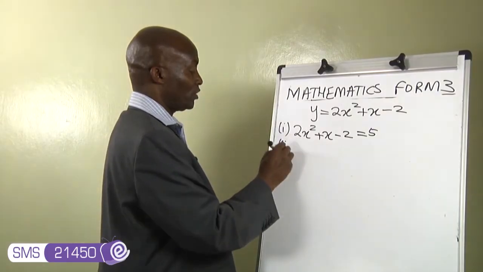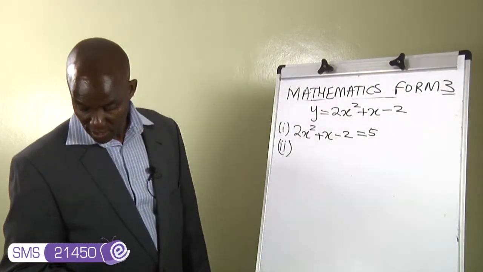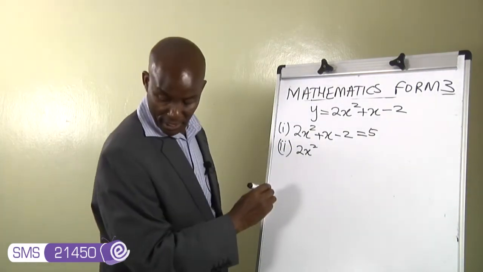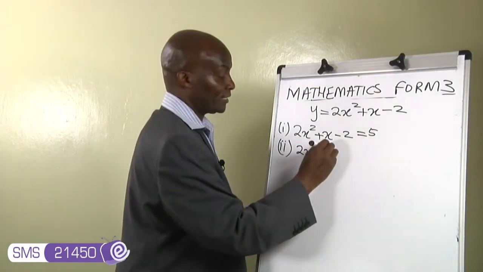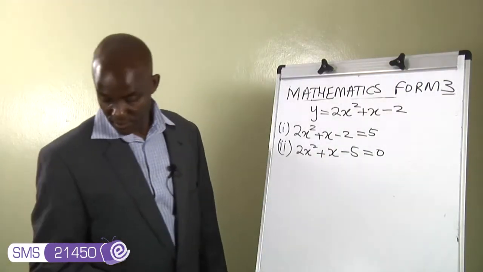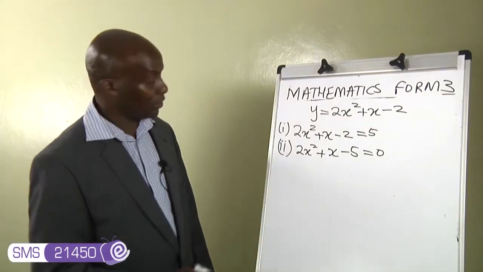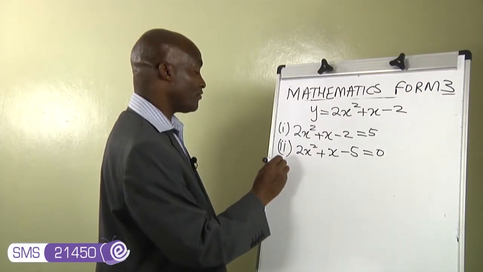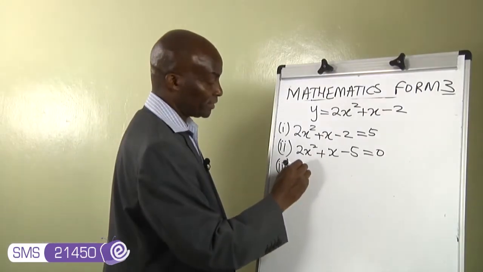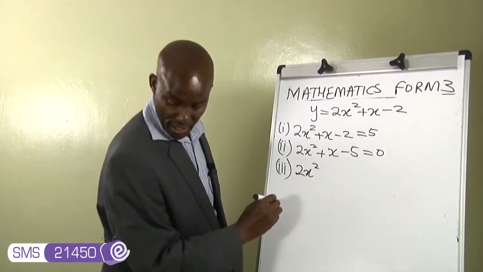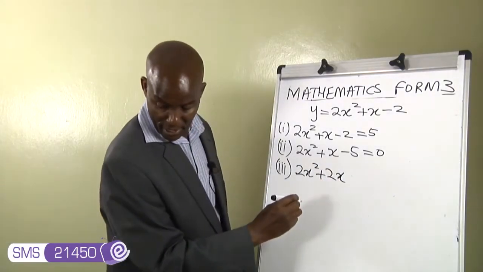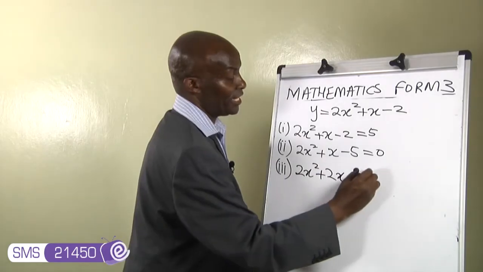Two, use it to solve the equation 2x squared plus x minus 5 equals 0. And also use the same graph to solve the equation 2x squared plus 2x minus 3 equals 0.